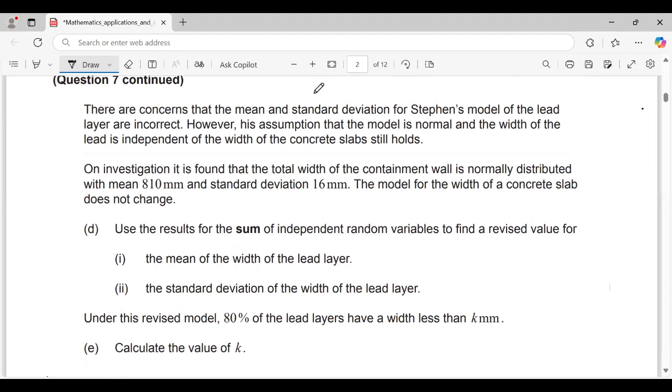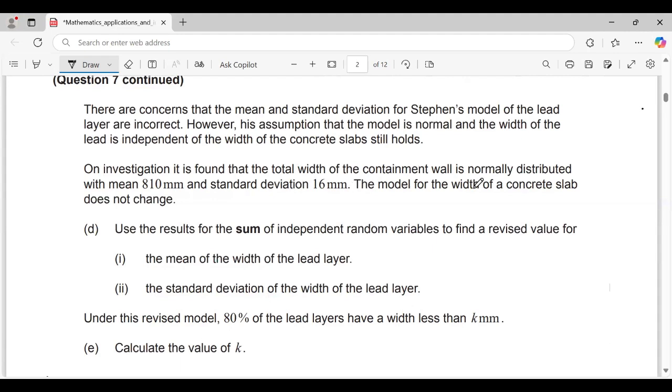Okay, now part D. There are concerns that the mean and standard deviation for Stefan's model of the lead layer are incorrect. However, his assumption that the model is normal and the width of the lead is independent of the width of the concrete slab still holds. On investigation, it is found that the total width of the containment wall is normally distributed with mean 810 millimeters and standard deviation 16 millimeters.